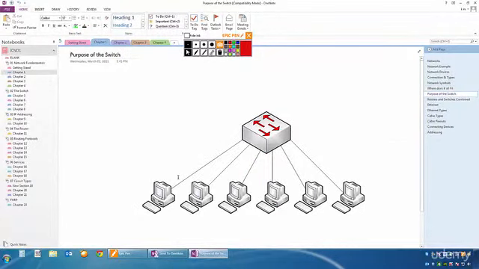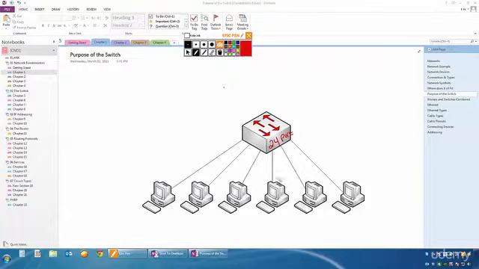So technically we already talked about the purpose of the switch, and that purpose is for us to have multiple PCs communicate with each other. If this was a 24-port switch, we would be able to have 24 PCs plugged into this switch. Now, once you do that, though, you have no more spots.